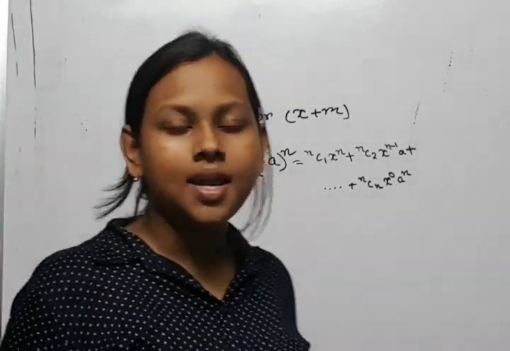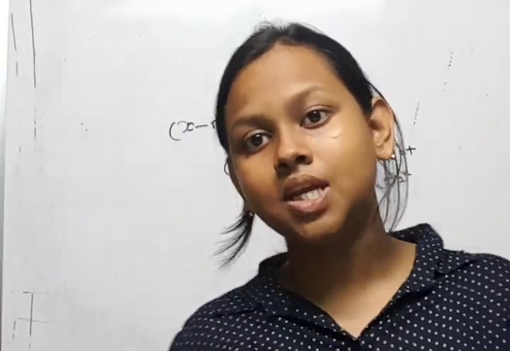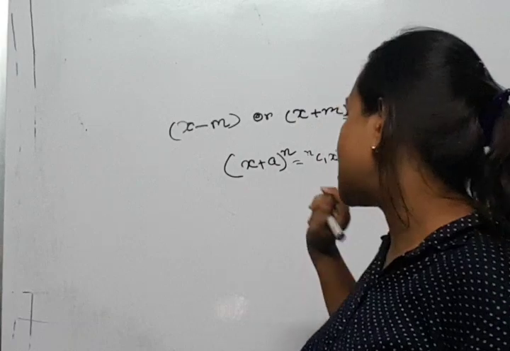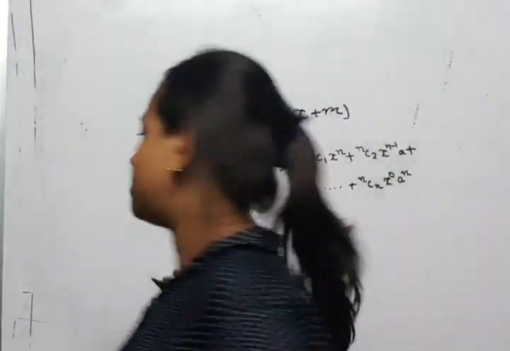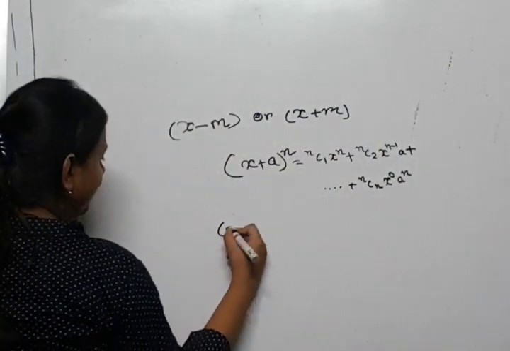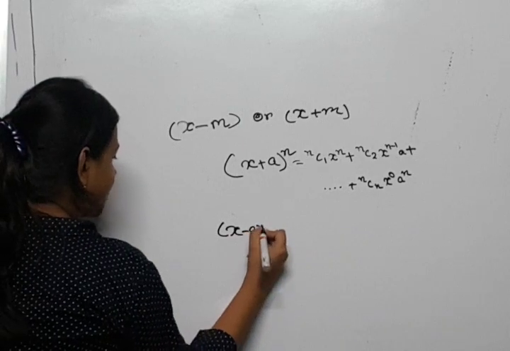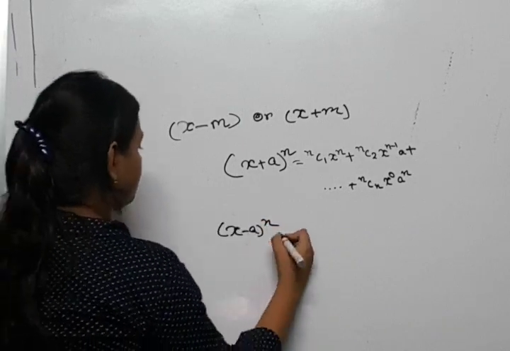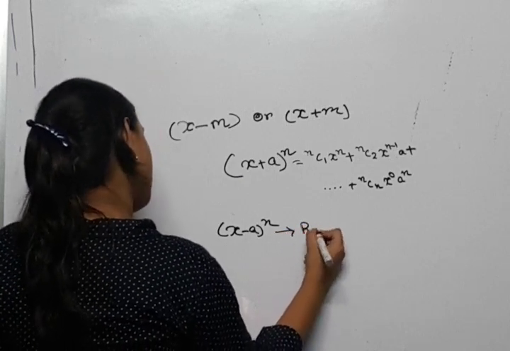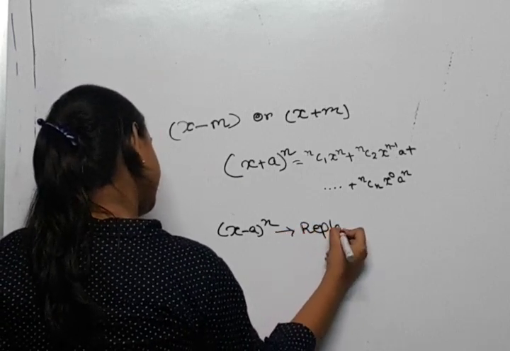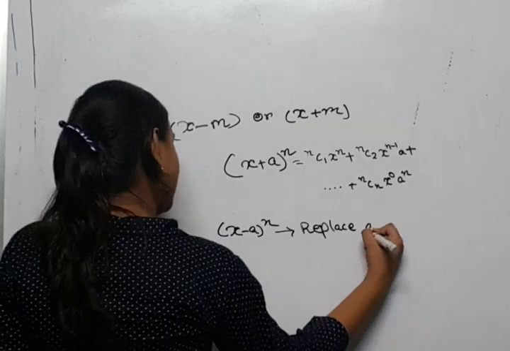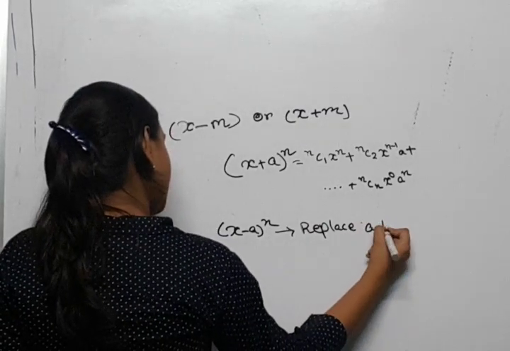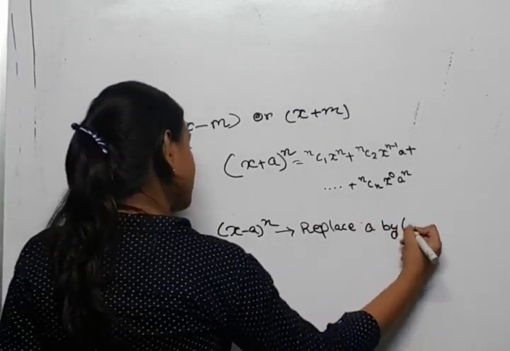And now let's look at when it will be x minus a whole to the power n. When it's x minus a whole to the power n, then we should replace a by minus a.